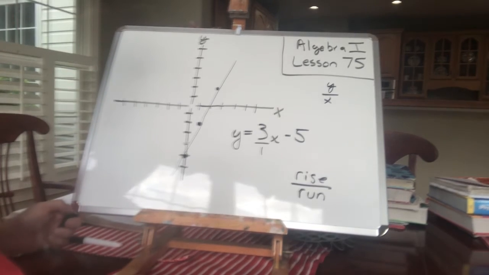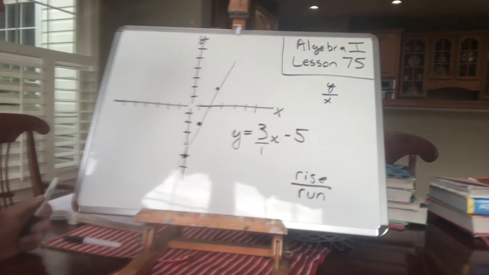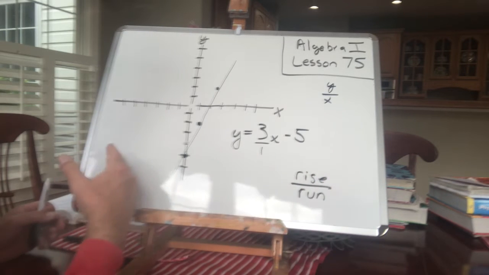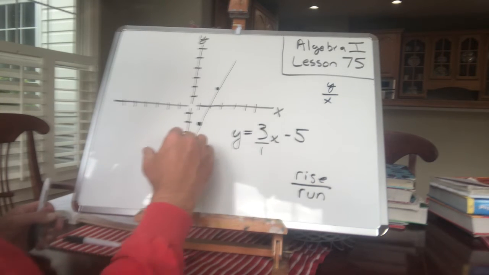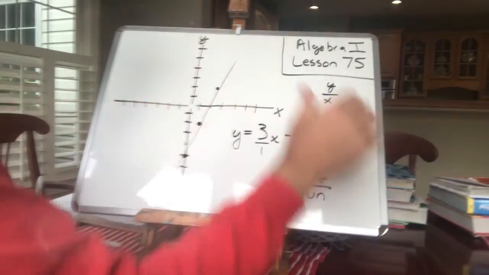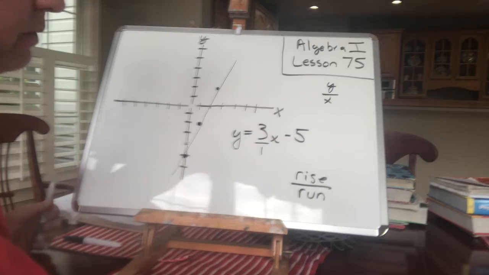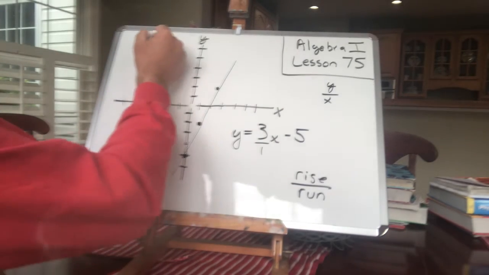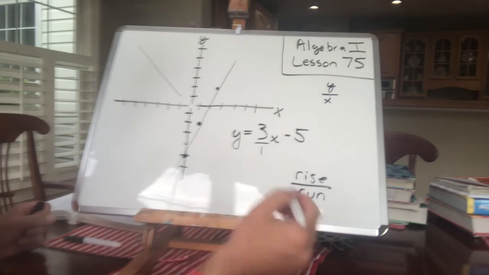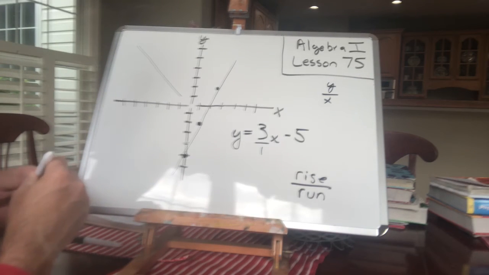Now, this is a positive slope, okay? We always go from left to right. Anything going upward toward the right-hand corner is a positive slope. Any line going down this way to the right-hand corner is a negative slope, okay?